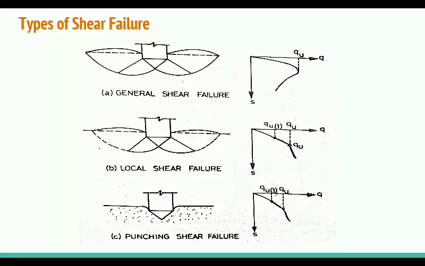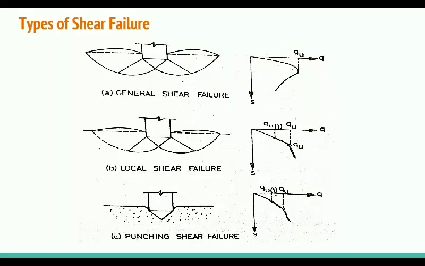When you increase the load from 0 to some value, at the value Qu1, which is less than Qu, you will see a foundation movement. At this value of Qu1, the foundation movement happens with a sudden jerk.